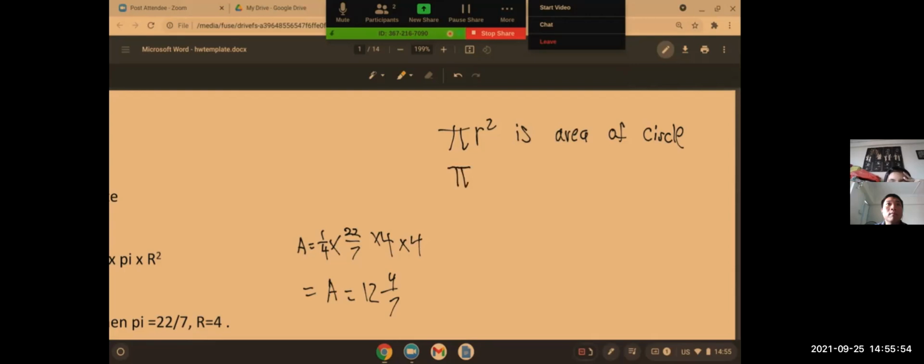Pi r square is area of circle. Pi r square is area of circle.